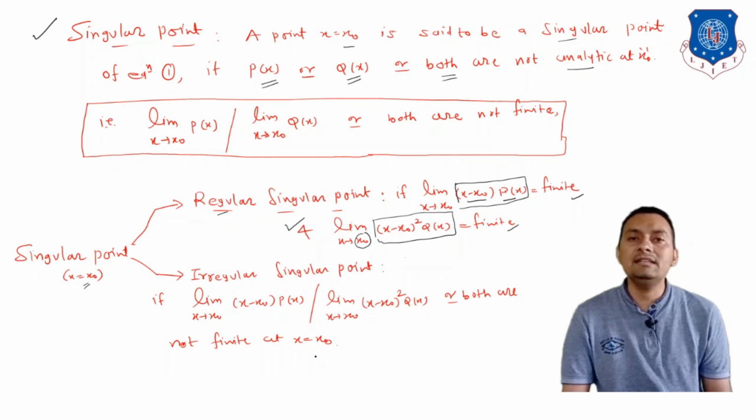So we have seen that whenever we have a second order differential equation, it can have an ordinary point, it can have a singular point, but singular points can be classified in two ways, regular and irregular singular points. I hope that it is clear to all of you.